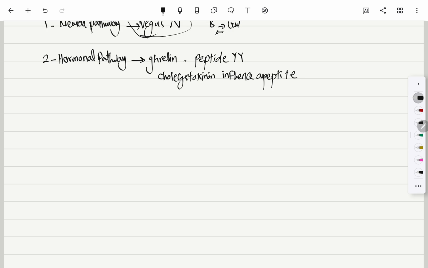This can cause balance in all the hormones. Cholecystokinin can influence the appetite, mood, and the energy balance.